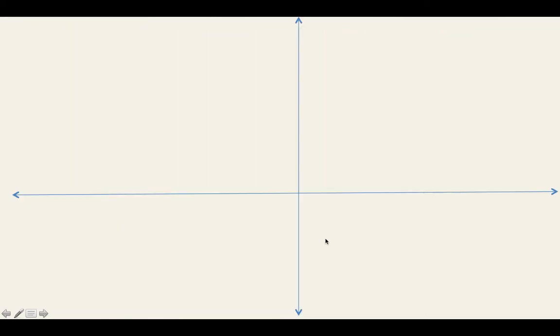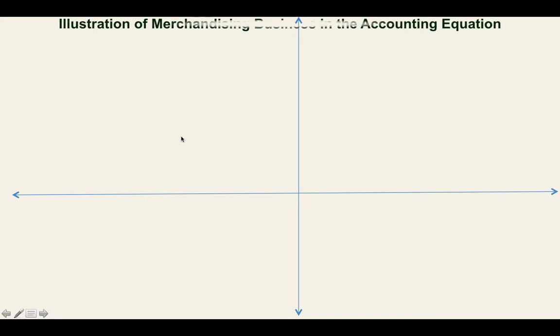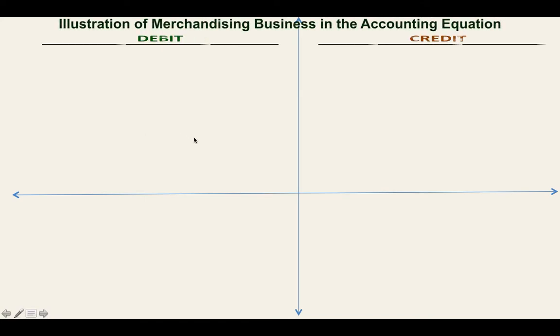Okay, class? Let's take a look at the accounting equation, and so we will be able to see the merchandising business in the accounting equation. Again, class, you have the debit and credit.